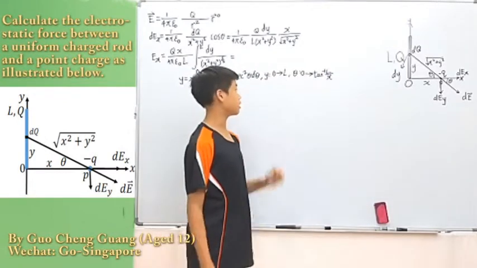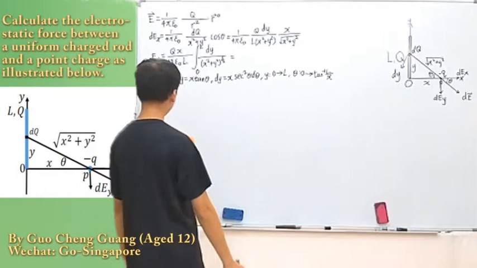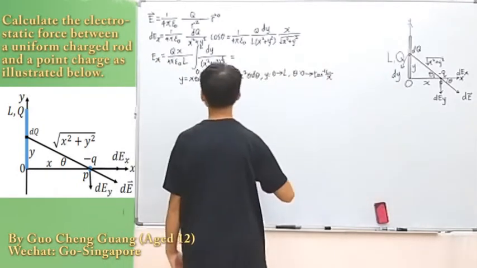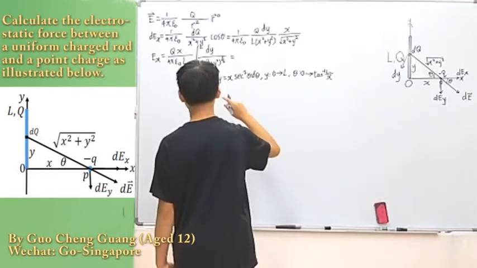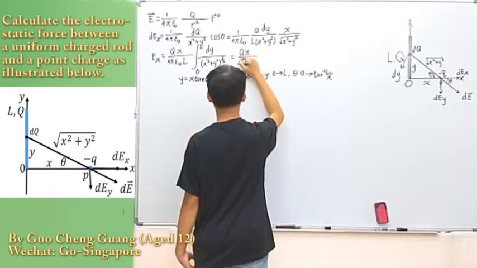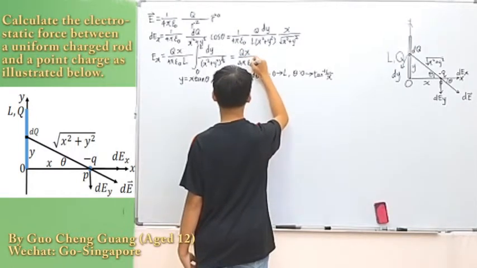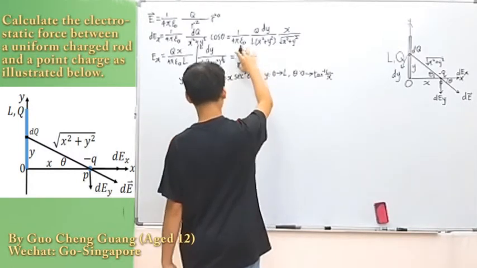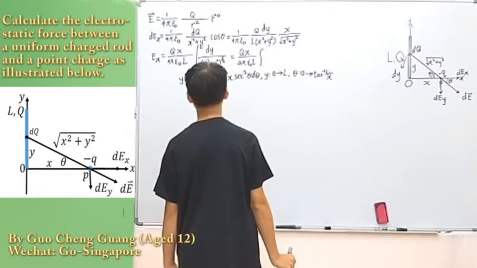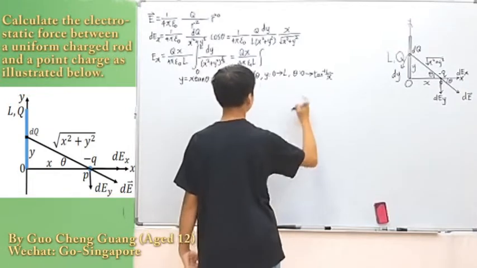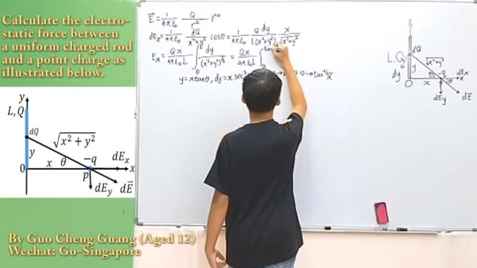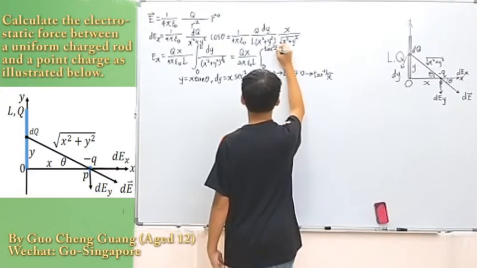Since this x is not fixed and L is not given, we're only given that it is L. So we put it inside here: Qx over 4 pi epsilon naught L, and this constant stays the same. Then you integrate theta from 0 to inverse tangent L over x.